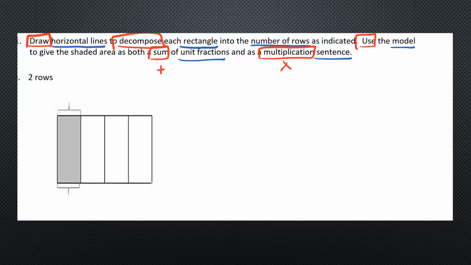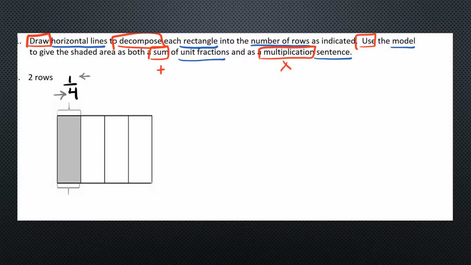Okay, so when I look at the tape, right away I know that I have 1/4. That's what they're showing me. I have 4 total boxes, which is our denominator, and I have 1 shaded in, and that's my numerator. It's showing 1/4.